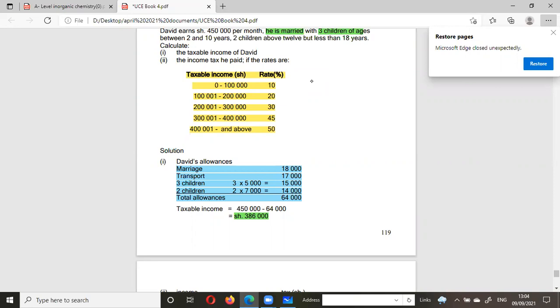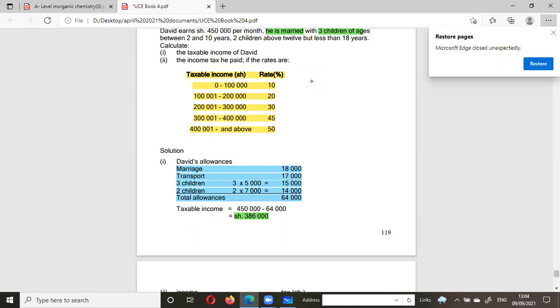From 101 to 200, 20%. From 201 to 300, 30%. From 301 to 400, 45%. From 400 and above is 50%.